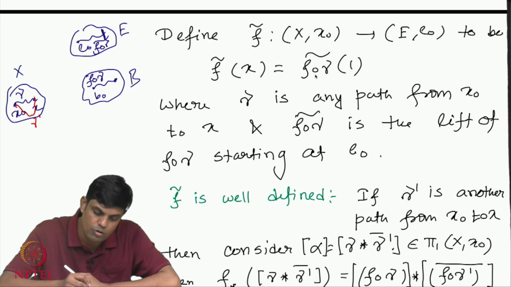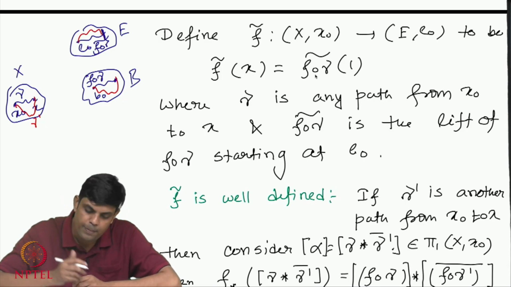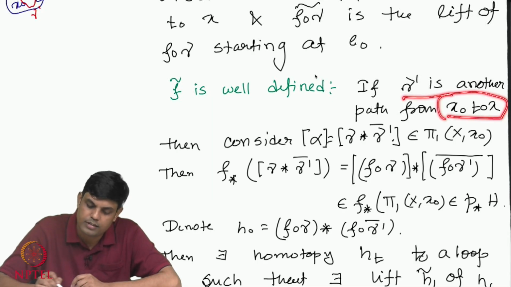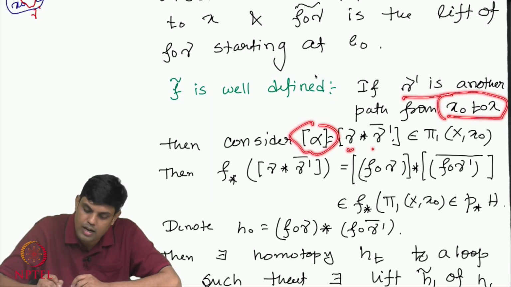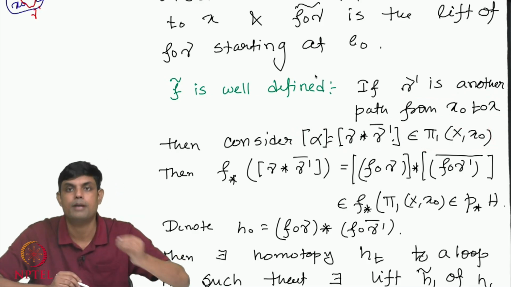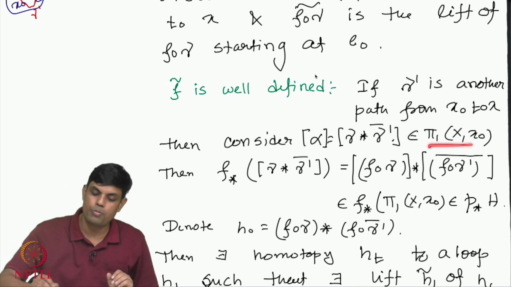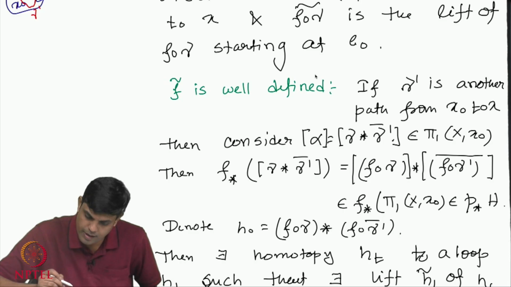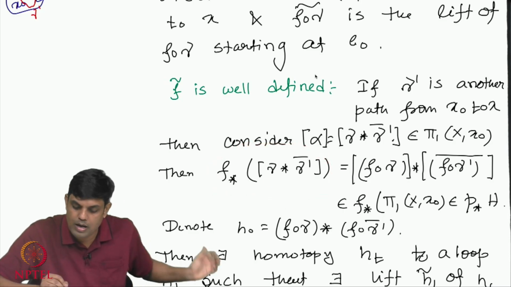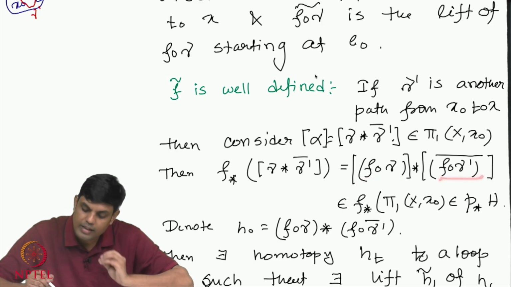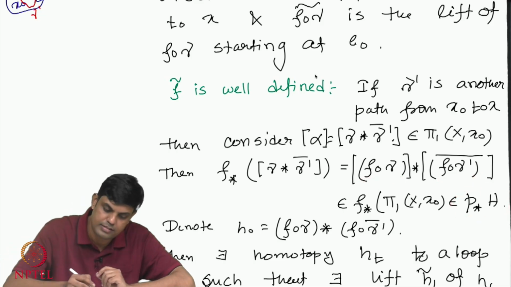You look at its image loop, which becomes a loop here, and you look at its lifts. So, you consider the loop which is gamma star gamma prime bar in the fundamental group of x0. Now, I use the hypothesis that the image of this fundamental group under F star lies inside H, which is the image of the fundamental group under P star. So, this F star of gamma star gamma prime bar, which is (F composition gamma) star (F composition gamma prime) bar, lies inside H.